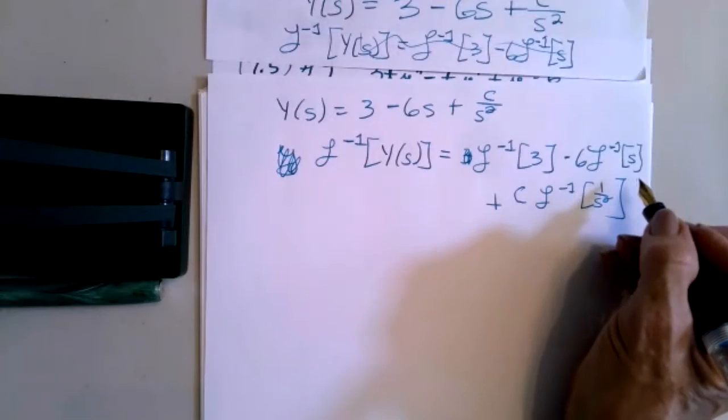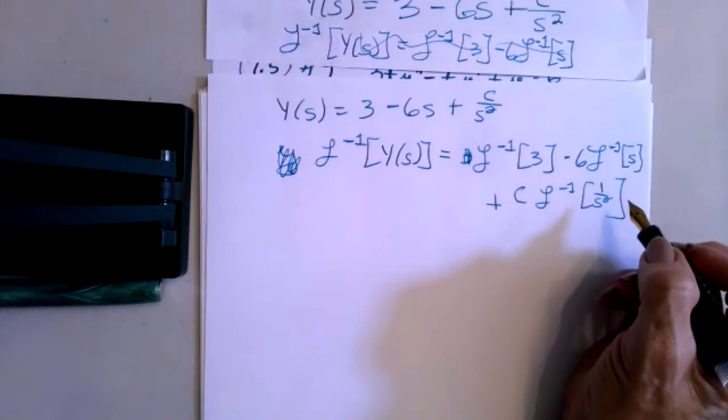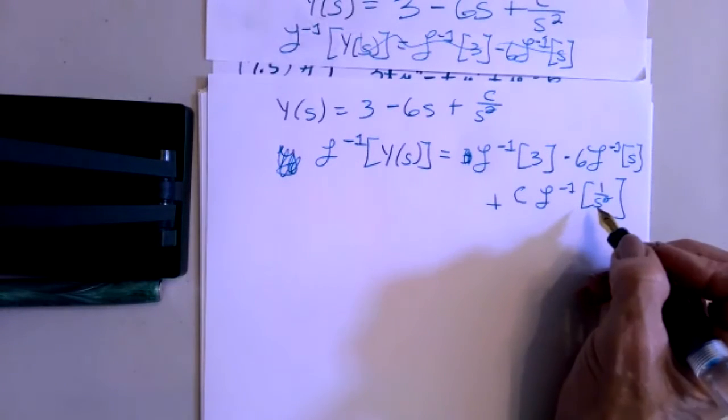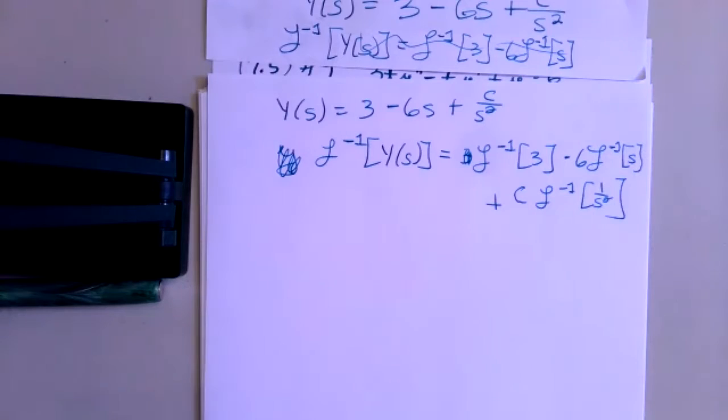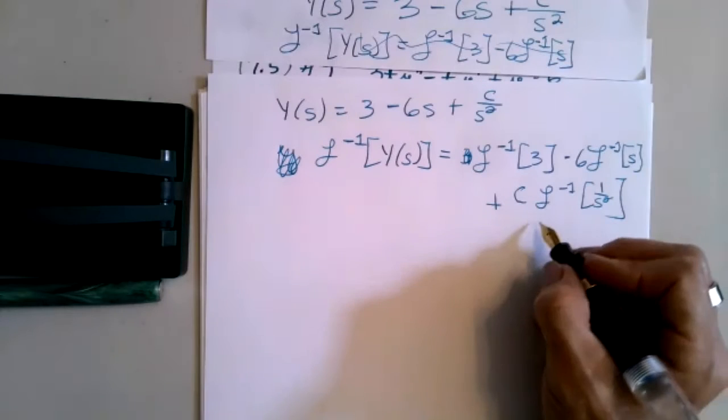So we have 2 of them that are a bit of a pain. The inverse Laplace transform of 1 over S squared is really easy because if you look up in the 3rd row of the table of Laplace transforms with n equals 1, this gives you t.